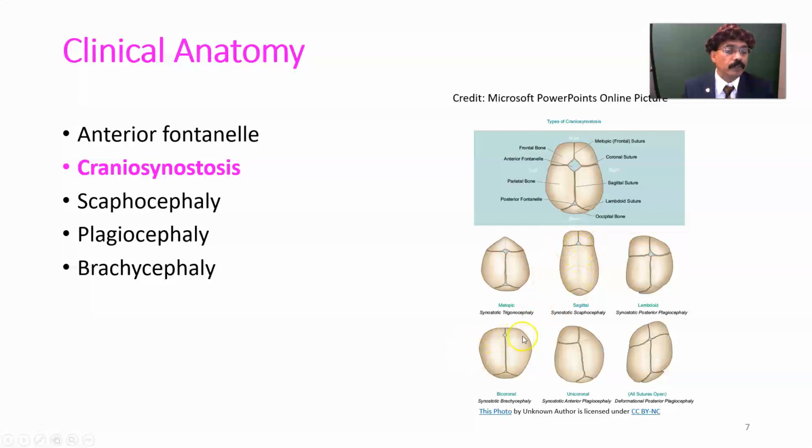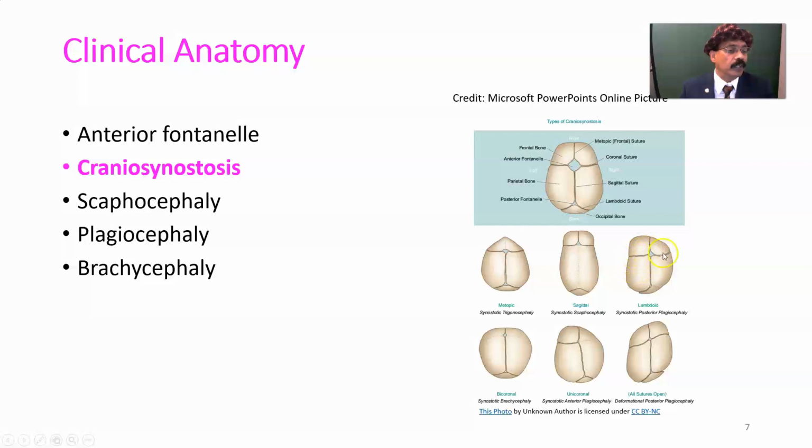Here the coronal suture is closed prematurely. We'll get brachycephaly, or maybe the tower skull. This is a boat-shaped skull due to premature closure of the sagittal suture. We have a lot of other combinations of sagittal or lambdoid suture premature closure.